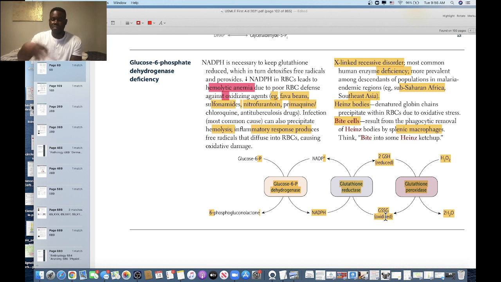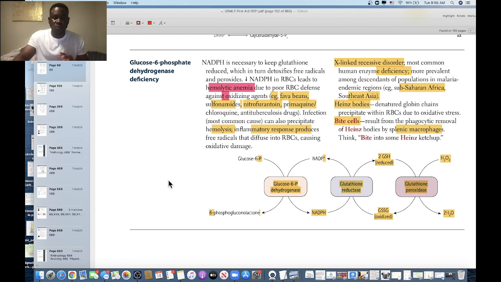Therefore, it is the GSSG, because more of this cannot work, but GSH reduces the free radicals. So an increase in the GSSG to GSH ratio shows that the cell is undergoing oxidative stress.